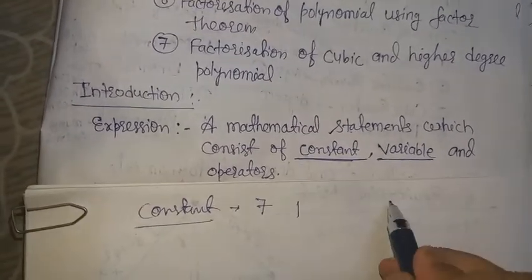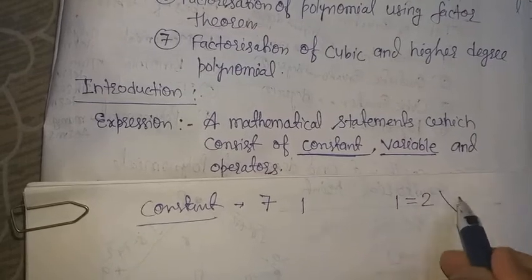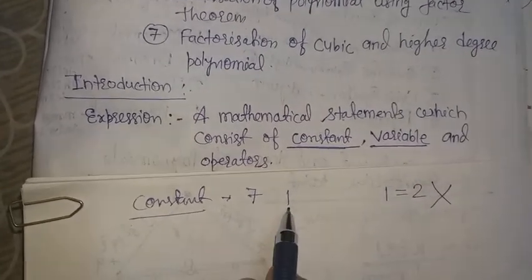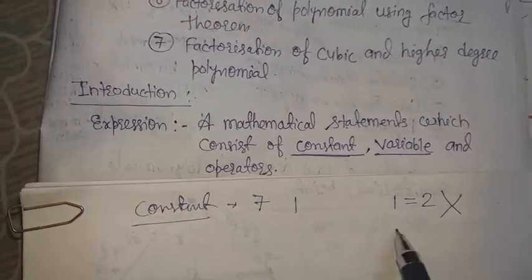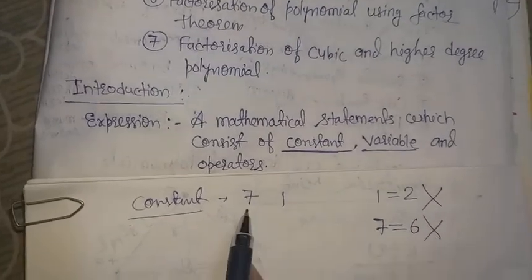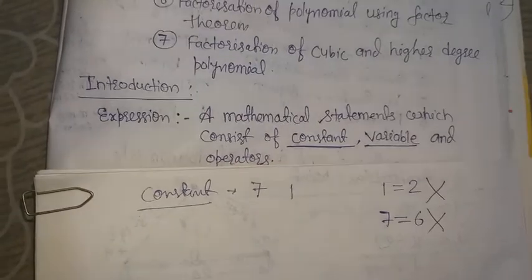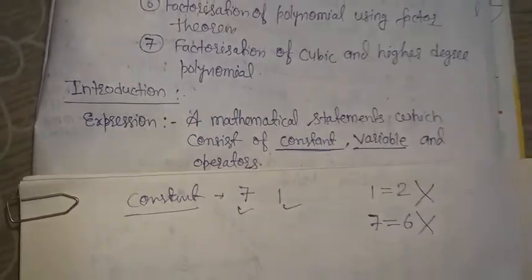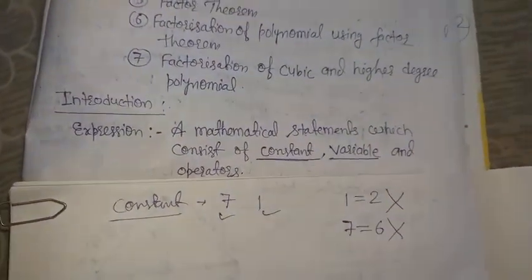You can't say that 1 is equal to 2. This will be wrong. Means the value of 1 will not change. You can't say that 7 equals 6. So the value of 7 will not change. So these values are called constant.